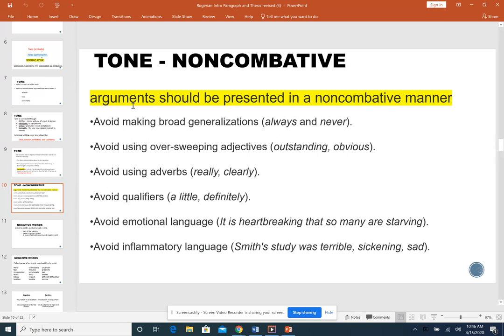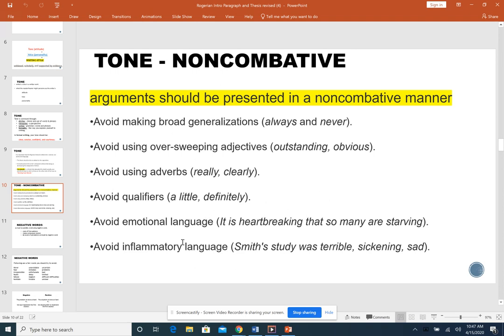Your arguments need to be presented in a non-combative manner. Some things that you should avoid: the words always and never. Those are broad generalizations. We want to avoid oversweeping adjectives: outstanding, obvious. Likewise, avoid using adverbs such as really, clearly.